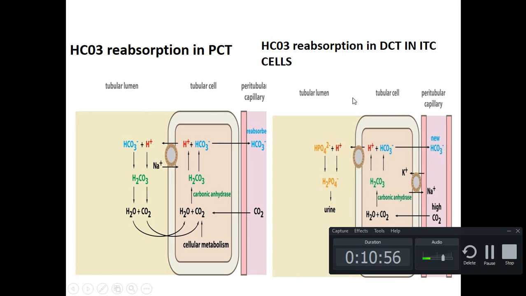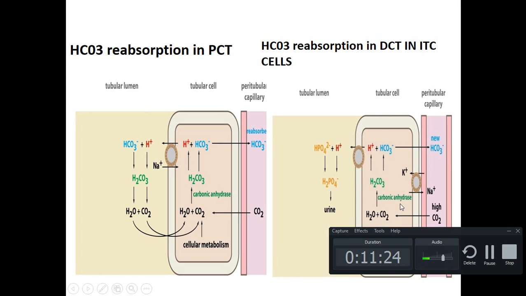So here you have the hydrogen ATPase pump. The hydrogen comes out, and instead of combining with the bicarb, it combines with monohydrogen phosphate to form dihydrogen phosphate, and this dihydrogen phosphate is going to be excreted in the urine.